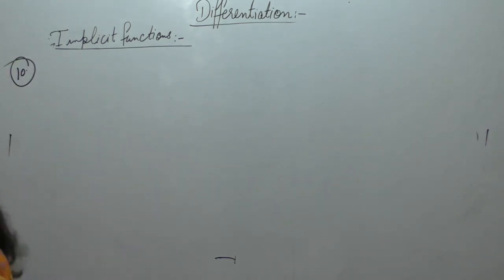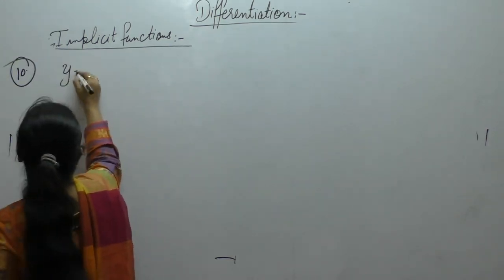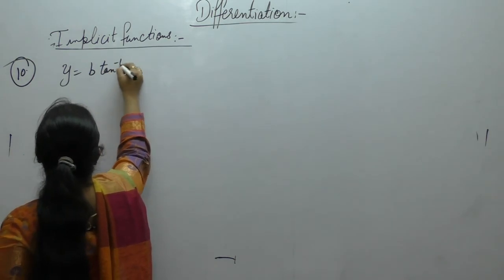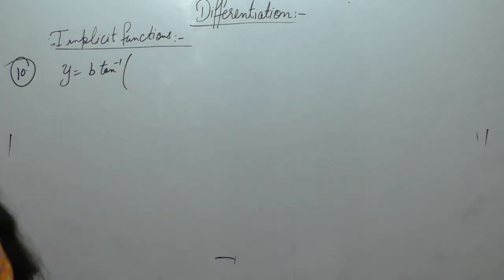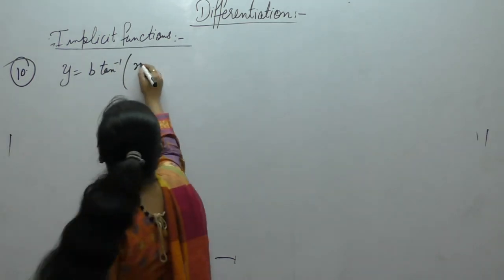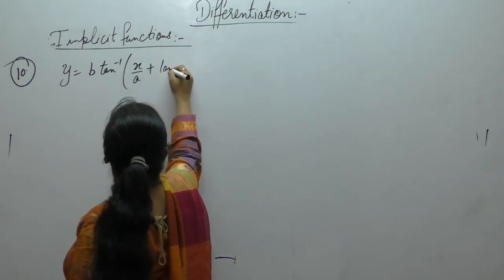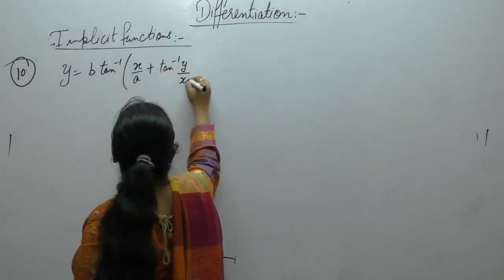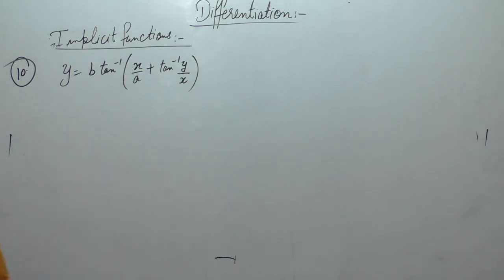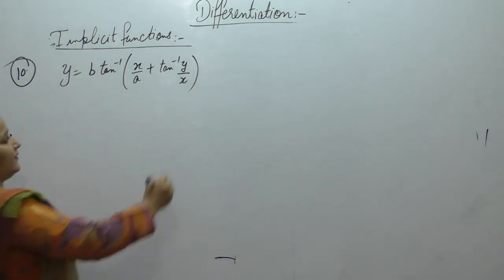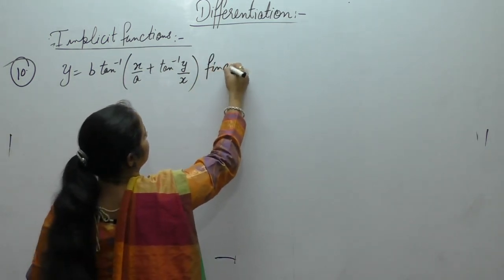Next one is, if y is equal to b into tan inverse x upon a plus tan inverse y upon x, find dy upon dx.